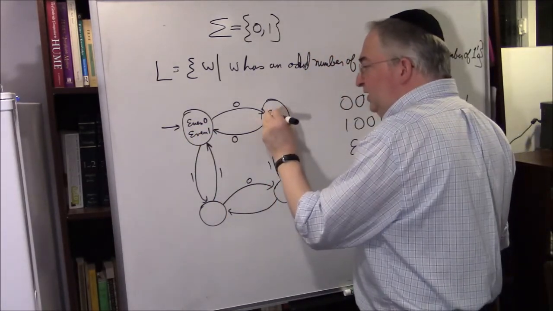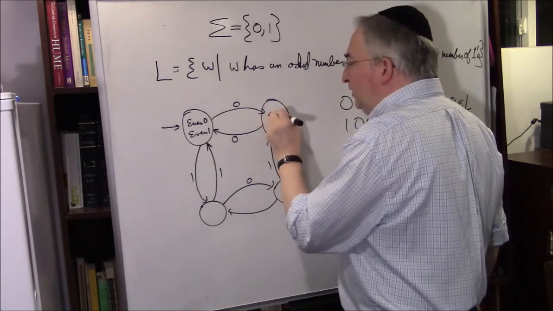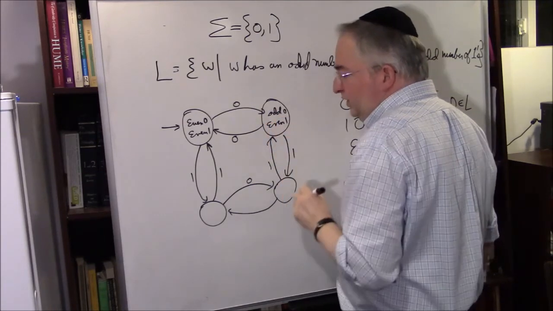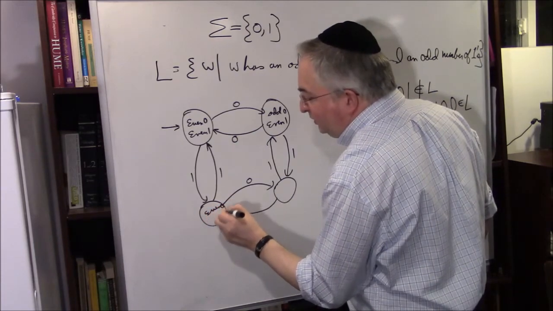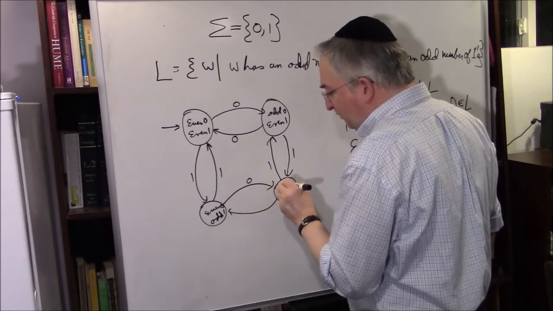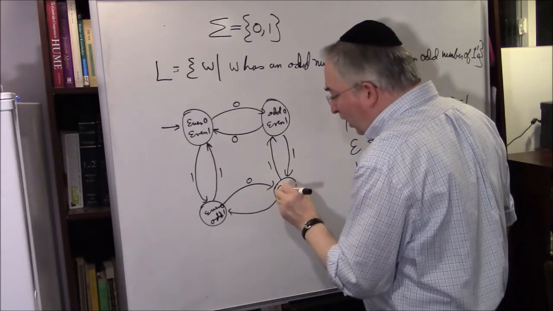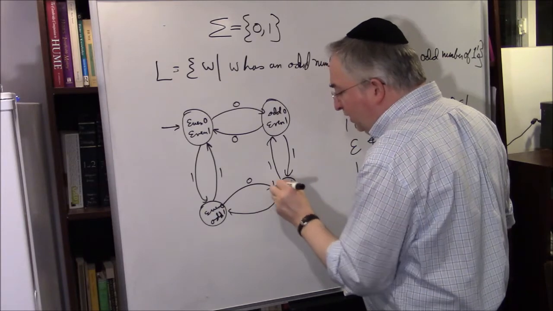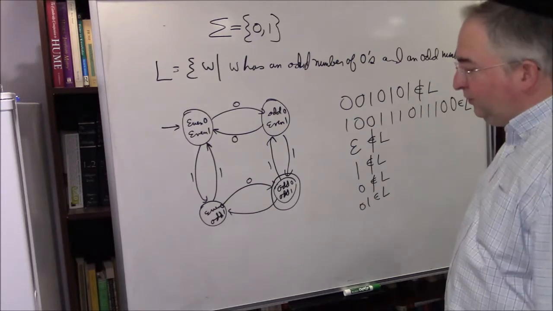And this state has odd zeros and even ones. And this state has even zeros and odd ones, and this state has odd zeros and odd ones. And this is our accepting state, because that's what we want, an odd number of zeros and an odd number of ones.